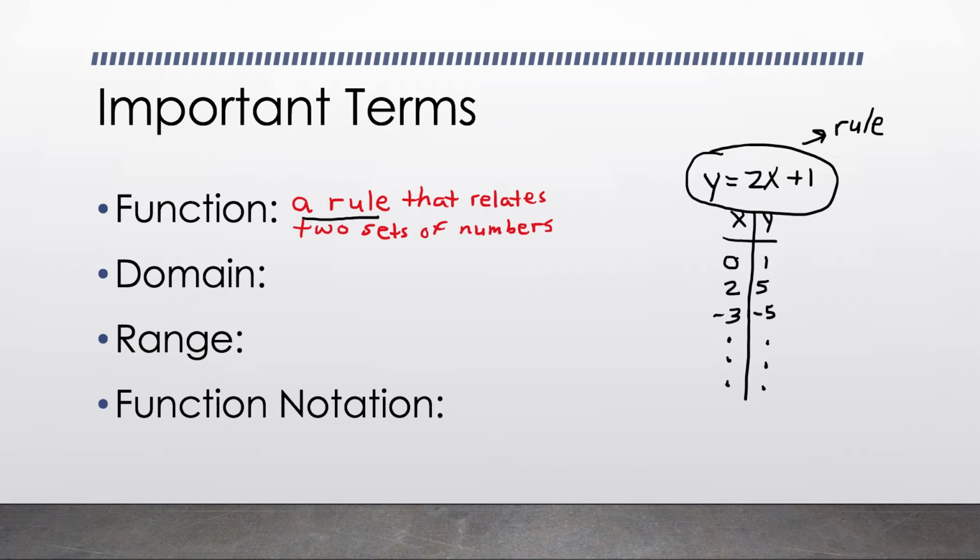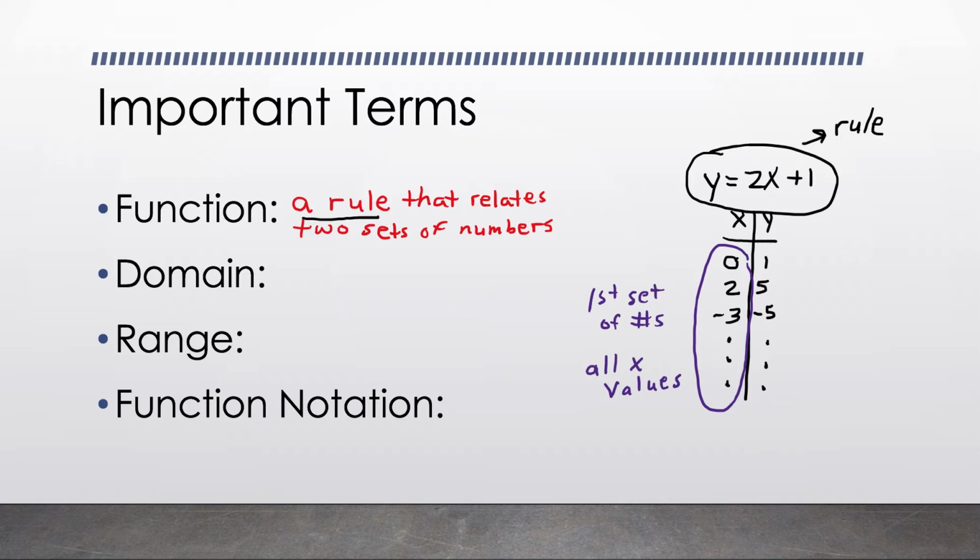It also says that the function relates two sets of numbers. So I'm going to circle all of these numbers, and this is going to make the first set of numbers. And if you note, all of these numbers are x values. So these are going to be all x values.